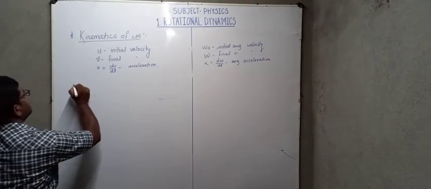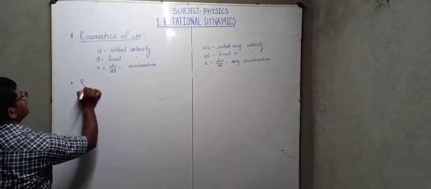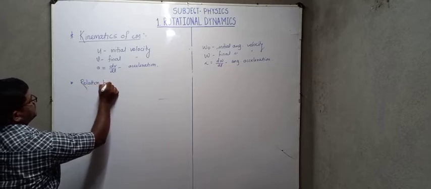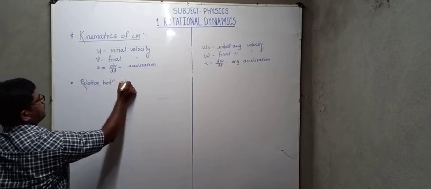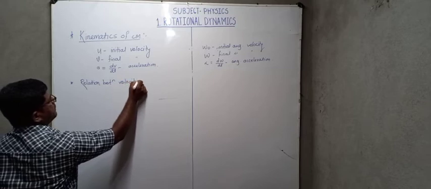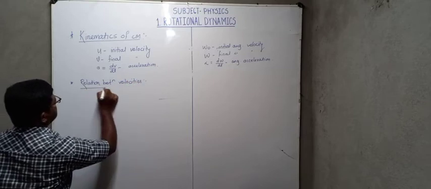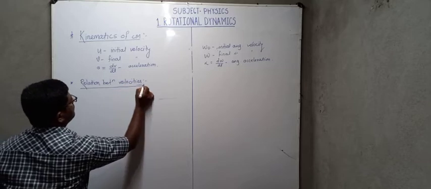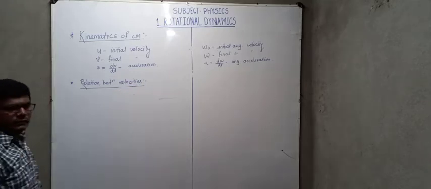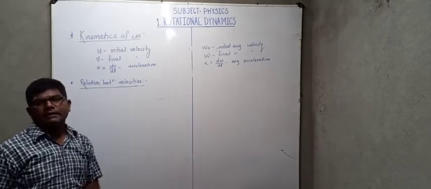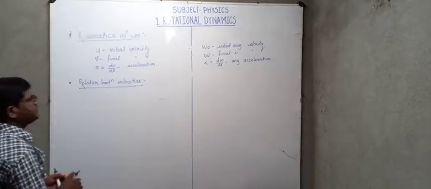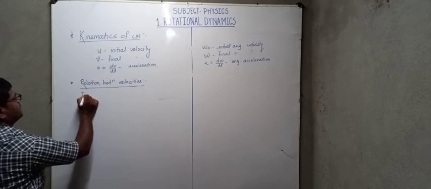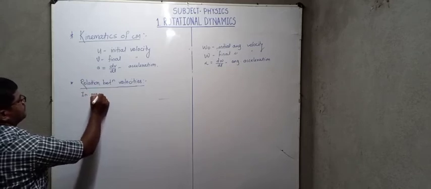The relation between velocities. Here, velocities means linear velocity and angular velocity. Relation between linear velocity and angular velocity. First of all, we have to see the relation between velocities in magnitude form.